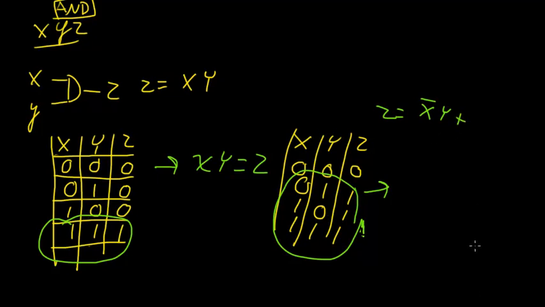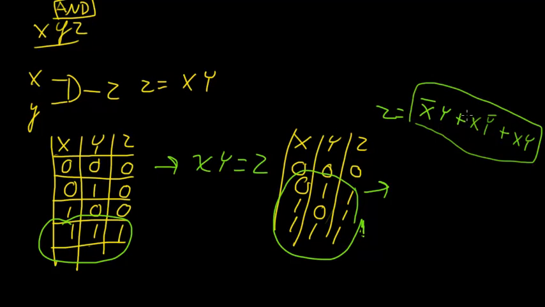Or X, Y not, or X and Y. Okay, so this guy right here is our min-term. These are the ORs. So X not Y, or X Y not, or X Y will all give me an output for Z.